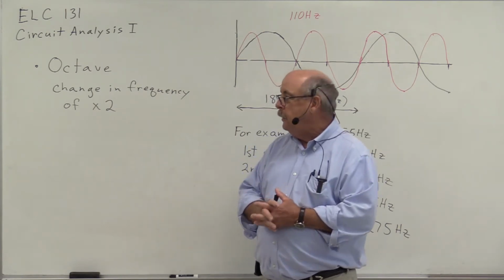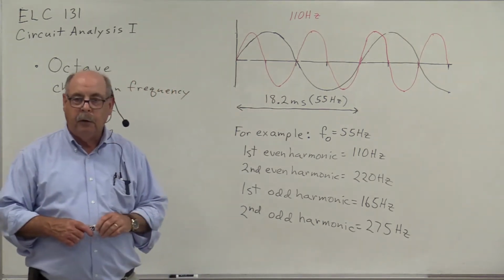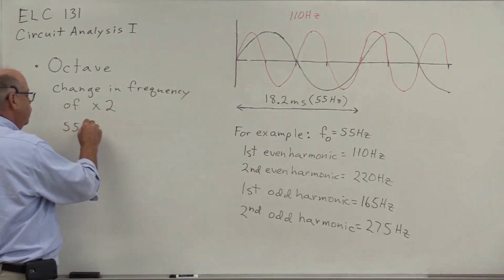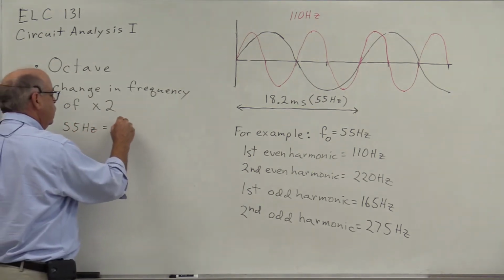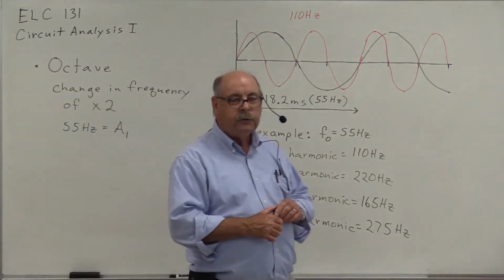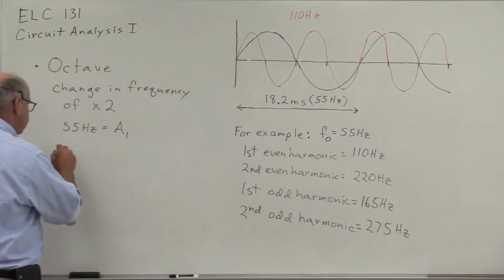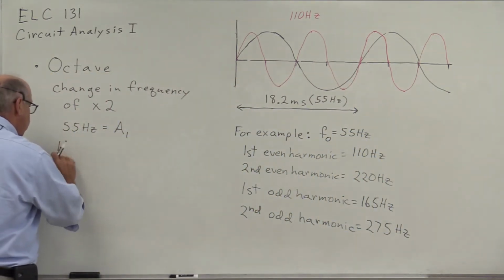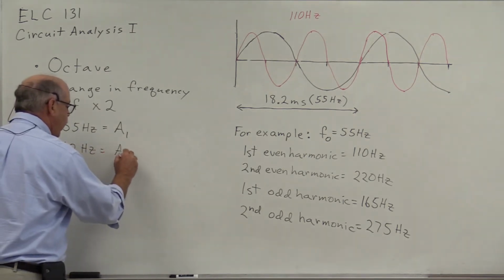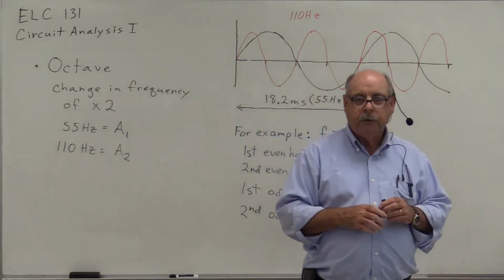So, interestingly enough, if we look at the waveforms I had shown up here earlier, 55 hertz equals a first octave on a musical scale, and 110 hertz equals a second octave on our musical scale.